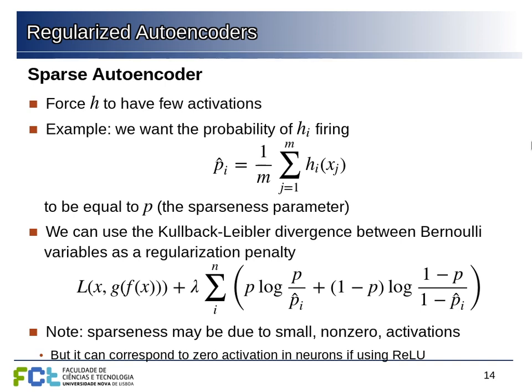This gives us, for a particular example, how many activations occurred, and we can average that over our examples. If we set the target value low, for example 10%, we are trying to force our autoencoder to create representations of the input examples while activating, on average, only a small percentage of the neurons, for example 10%.